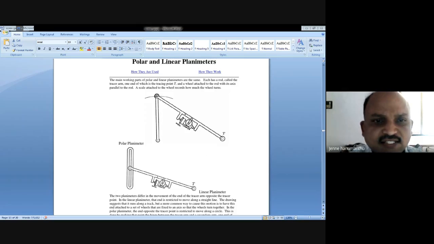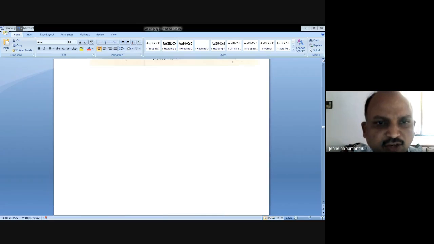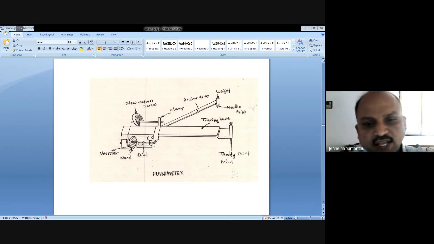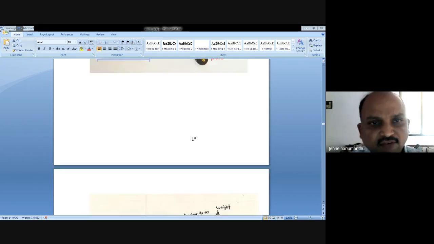But fine, what is the structure of the planimeter, how does it look? The planimeter looks like this. What are the parts available in this? You can go through the colour one.